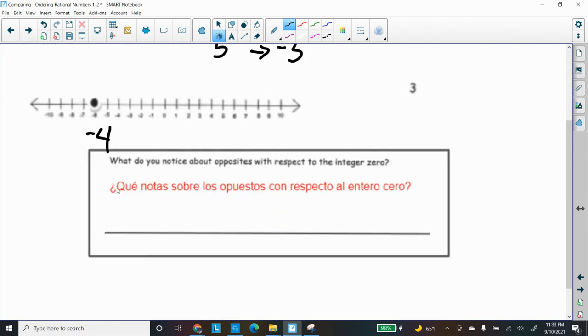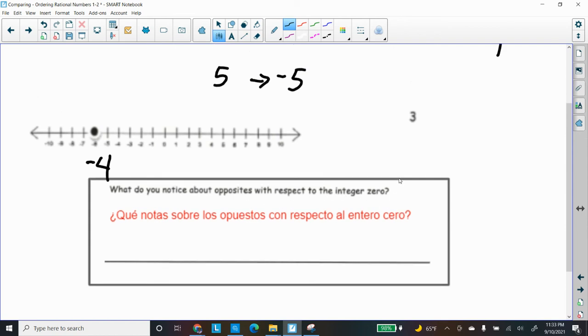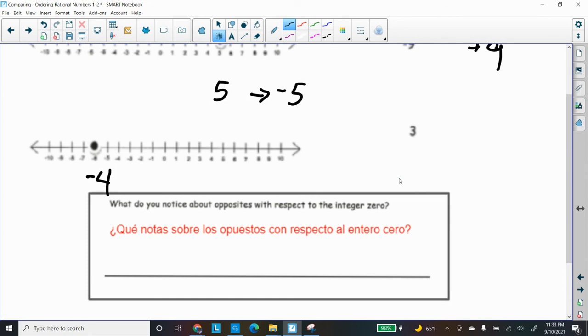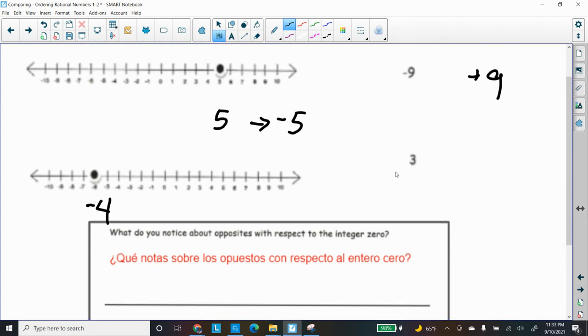And I notice we have a question here. What do you notice about the opposites with respect to the integer 0? Well, let's take a look at the 5. So here we had 5, and the opposite was -5. And I'll draw a dot right there. So 0 is right here.